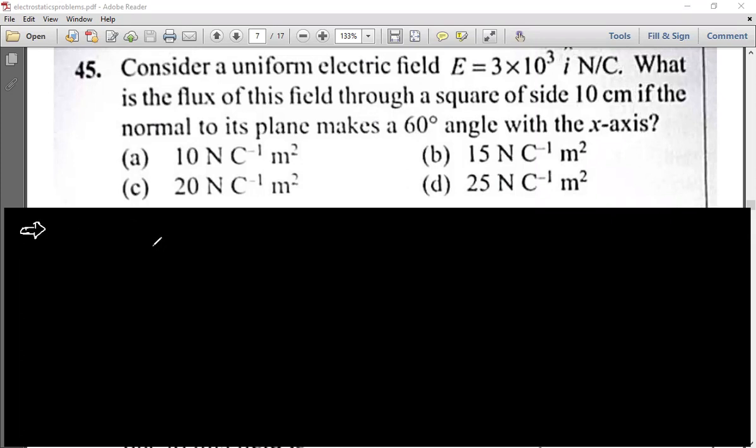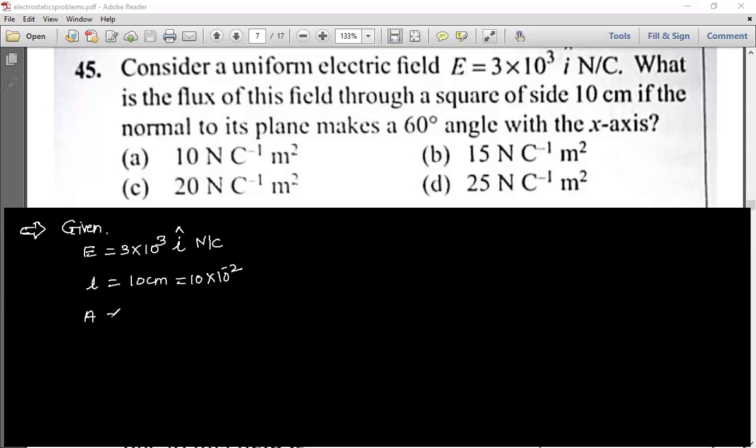Consider a uniform electric field. So again, it is along the x-axis. So I'm writing given. Given is what? E is equal to 3 into 10 to the power 3 I cap Newton per Coulomb. What is the flux of this field through a square of side, how much they have given? 10 centimeter. So this is again 10 into 10 to the power minus 2.